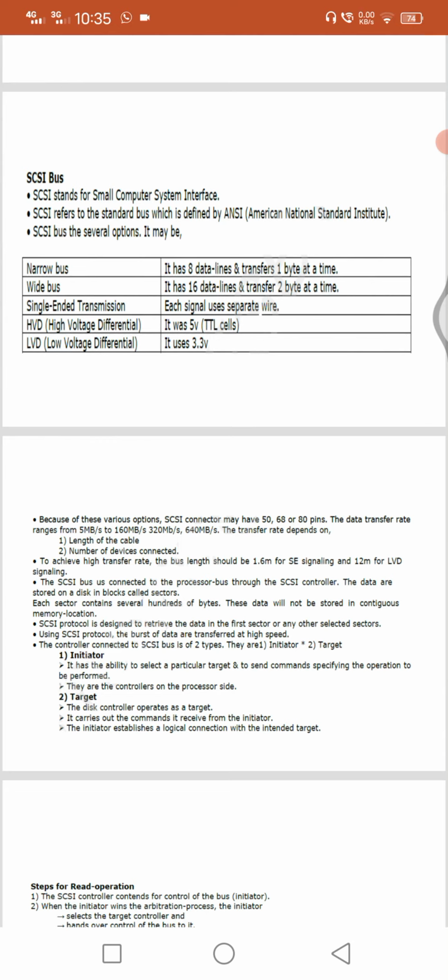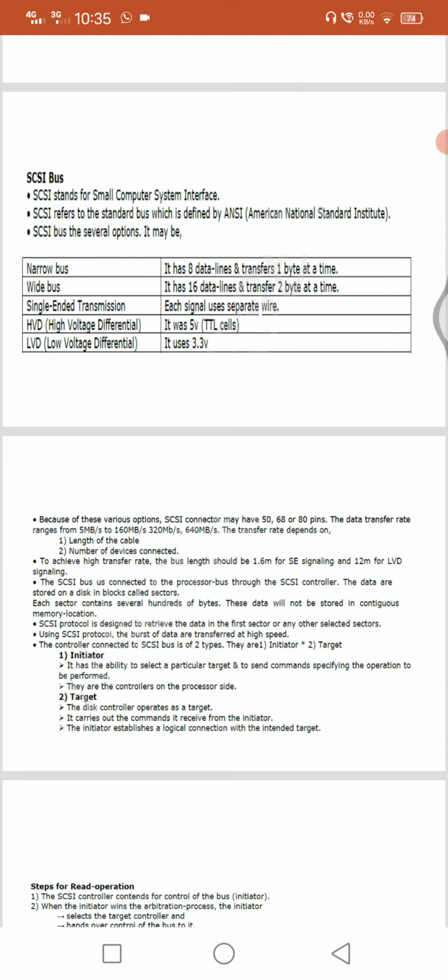The data transfer rate depends on the length of the cable and the number of devices connected. To achieve this high transfer rate, the bus length should be 1.6 m for SE signaling and 12 m for LVD.